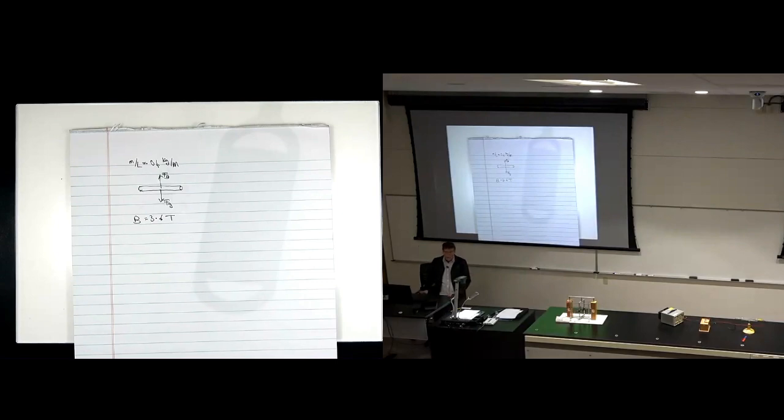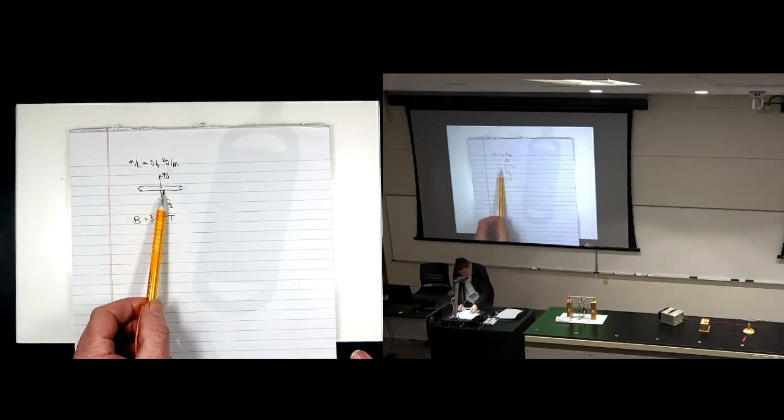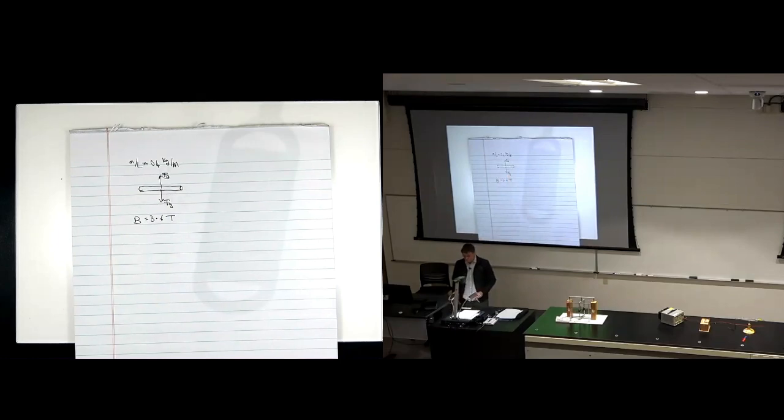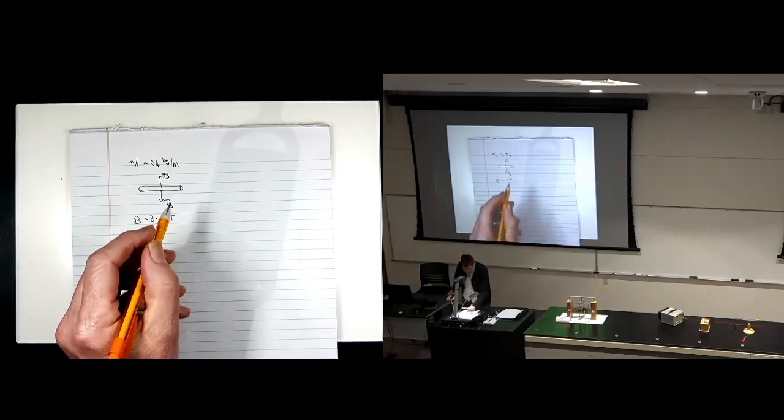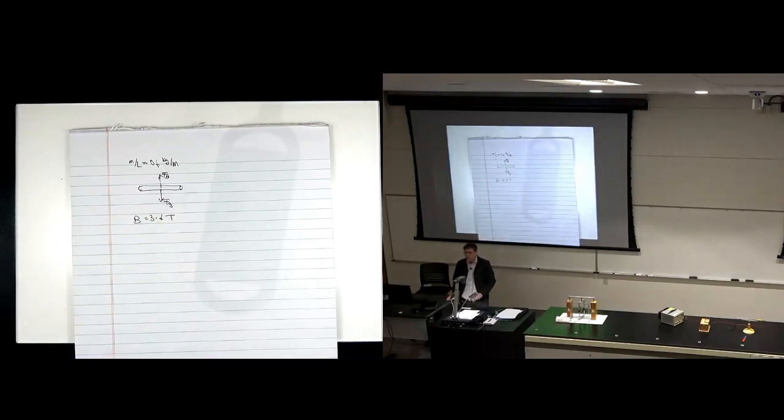Again, because of my anxiety, I've started this problem, I've made a little sketch, and this gets us going. And I've written down the things that we know. Here's the rod that's going to carry the current. That rod, of course, will be pulled downwards by Earth's gravitational attraction, a gravitational force, and I sketched that. Fg is the gravitational force. To levitate, we've got to oppose the Earth's gravitational pull by creating an upwards magnetic force that will counteract gravity.